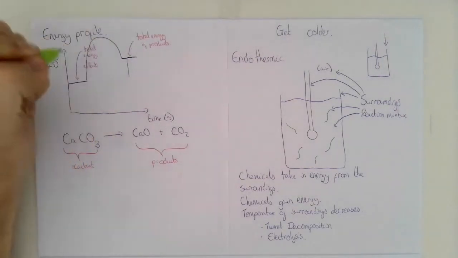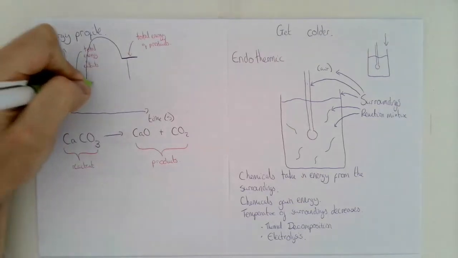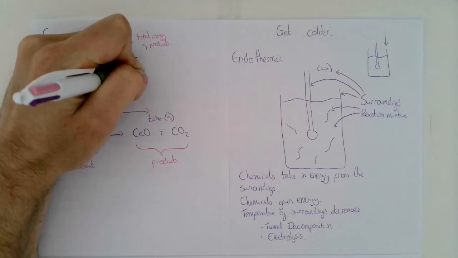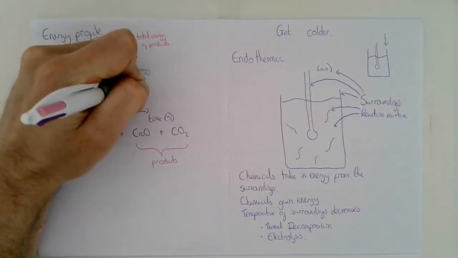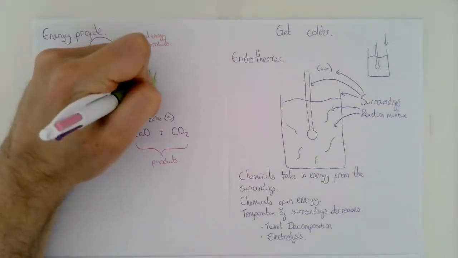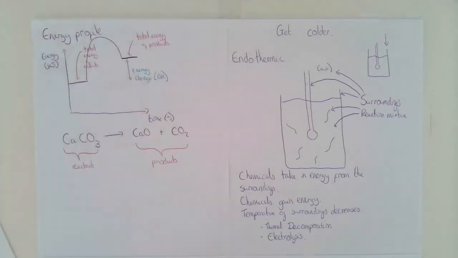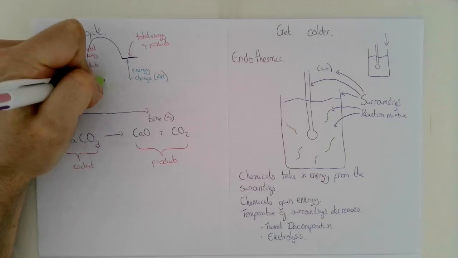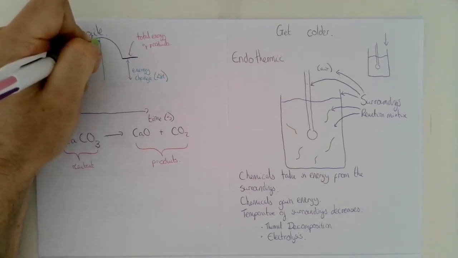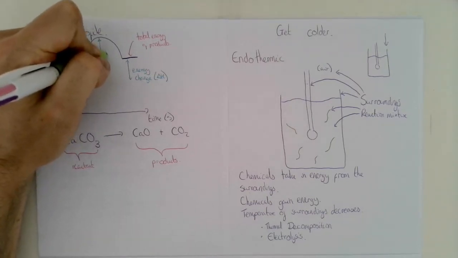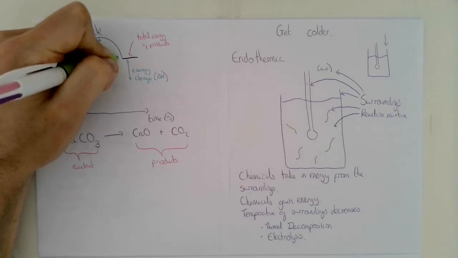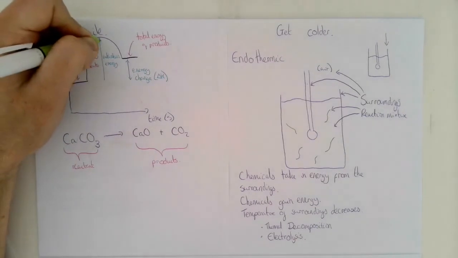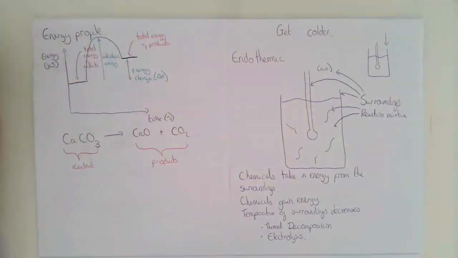This gap between the reactants and the products is the energy change, given the symbol delta H. Going from the reactants up to the top is known as the activation energy. That's the minimum energy the reactants need in order for the reaction to take place.